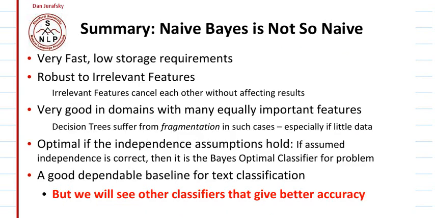So naive Bayes algorithm is a very basic algorithm. It's not the kind of algorithm that would do the best thing with some data. But the good thing is that it is very fast, and it has very low storage requirements, and naive Bayes is robust. Robust means that it works with all kinds of features.